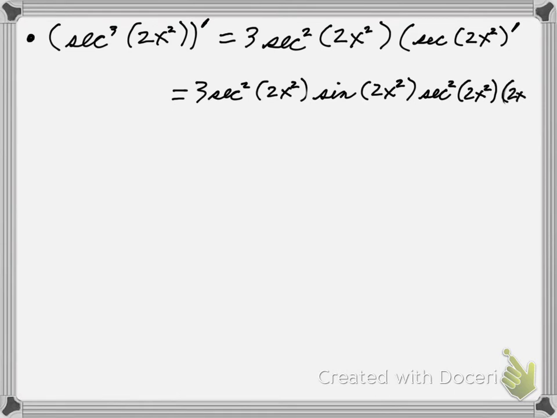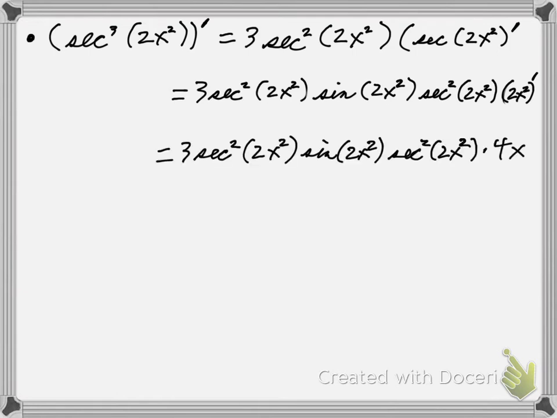So the derivative of 2x squared, which is, of course, 4x. And if you clean this up a little bit, you get 12x secant to the 4th of 2x squared sine 2x squared.